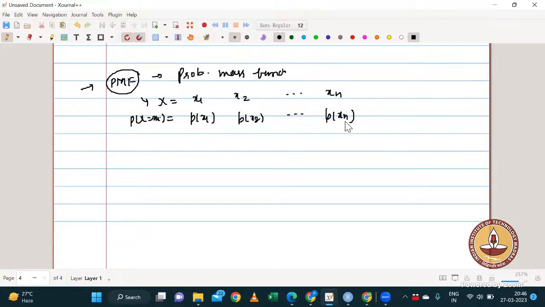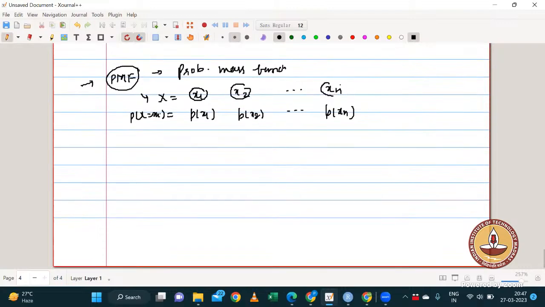PMF is defined for a discrete random variable. So x is taking some values, let's say x1, x2, xn, and I'm interested to know the probabilistic behavior for each value of x. What is the probability for x1? What is the probability for x2? What is the probability when x is taking xn, right?